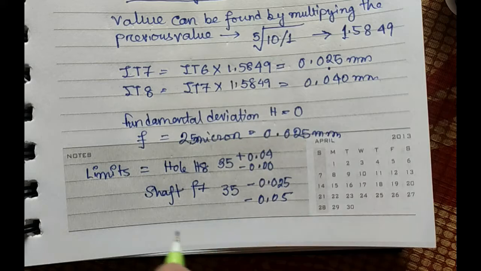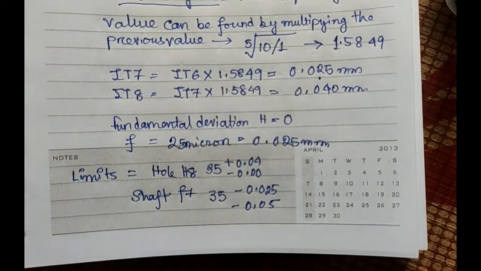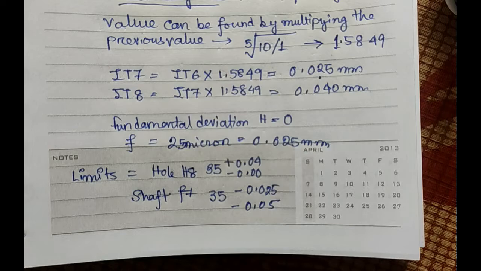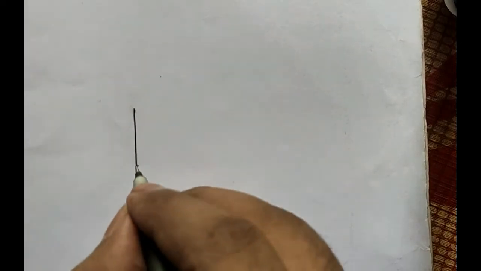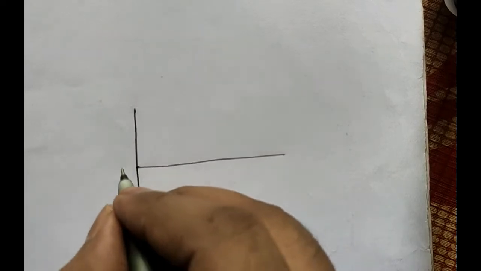Now, if we need to draw the diagram of the fit, how will we draw it? The diagram of the fit is drawn this way. This is 0.